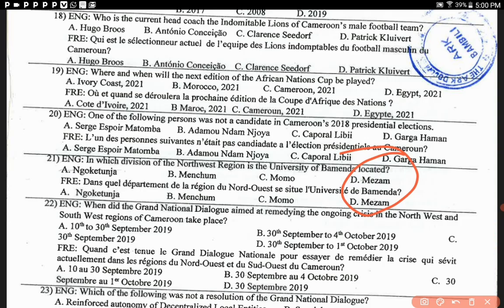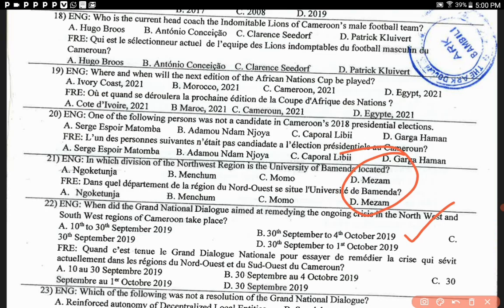So let's look at the options. Option A, wrong. Option B, good. The rest are wrong. If you're a Cameroonian and you don't know about the Grand Dialogue, then you are not Cameroonian enough. Or other people are more Cameroonian than you are.